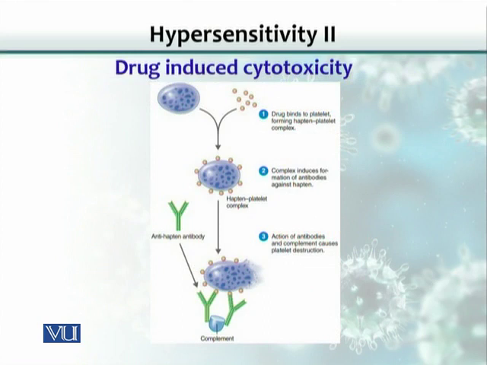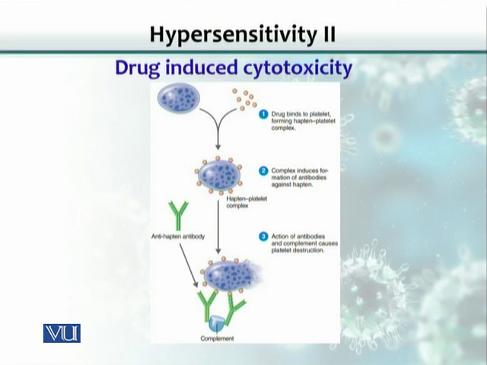In this slide, you're looking at platelets as an example, as a model. Some antigen, that could be a drug, could be anything that you have eaten, mostly drugs, sometimes attaches to the surface of the platelets. This is just one example.